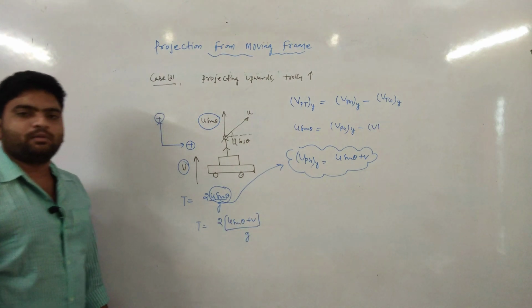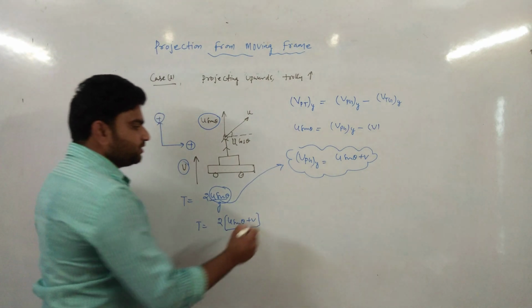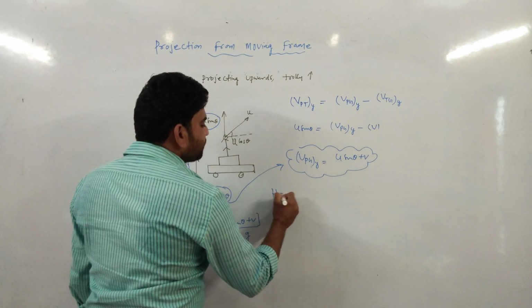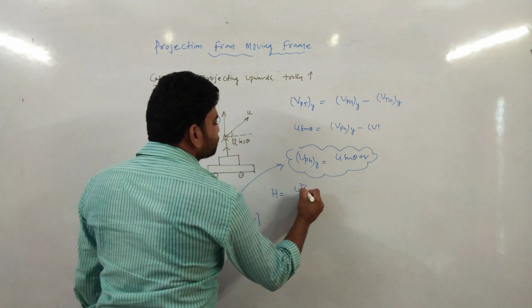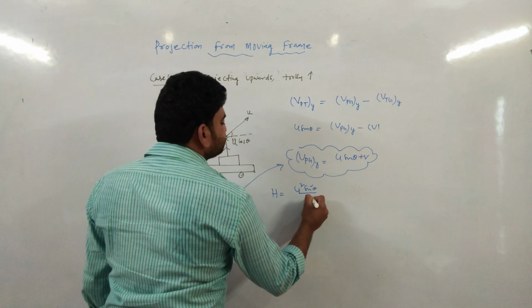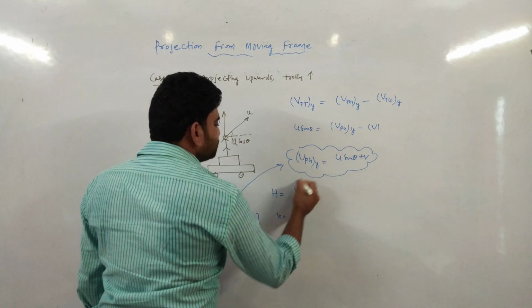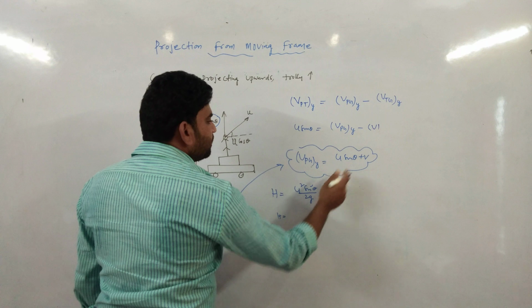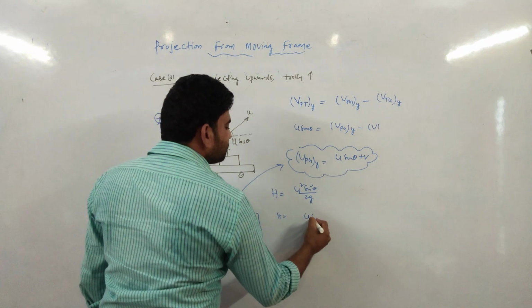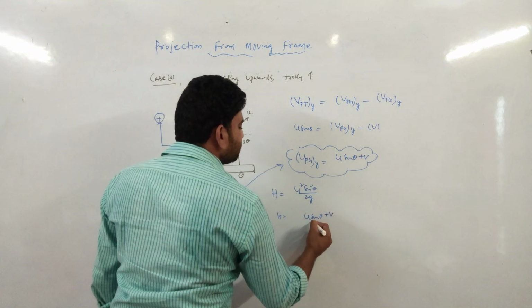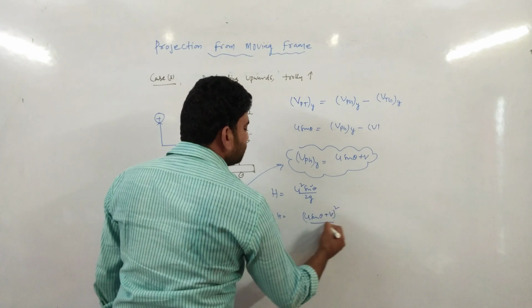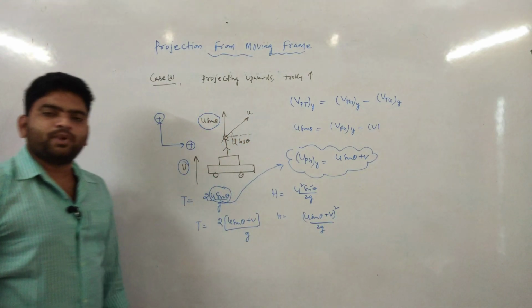This is the time of flight formula. And if I want to calculate maximum height, it is generally u square sin square theta by 2g, and this can be written by replacing u sin theta with this value, so it becomes u sin theta plus v whole square by 2g. This is the maximum height formula.